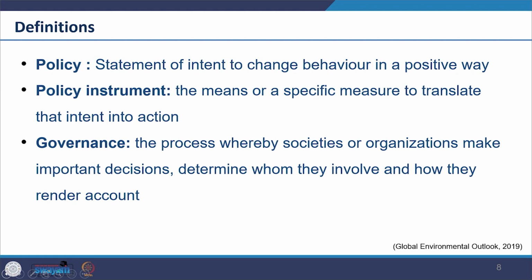Further, governance is the process whereby societies and organizations make important decisions, determine whom they will involve, and how they will be held accountable for all these aspects. So you see policy instruments as well as the governance part, where you assign people and institutions responsibility and make them accountable for it.